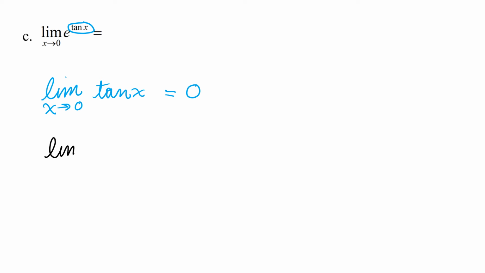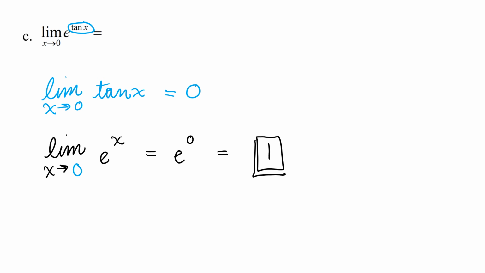Now that we have the limit of our inner function, we can look at the limit as x approaches 0 of our outer function, which is that e to the x. The limit as x approaches 0 of e to the x is e to the 0. We can actually use direct substitution here. And e to the 0 is equal to 1.